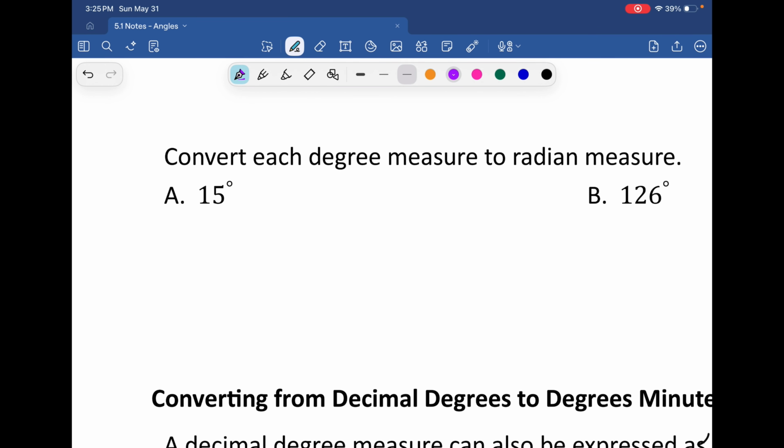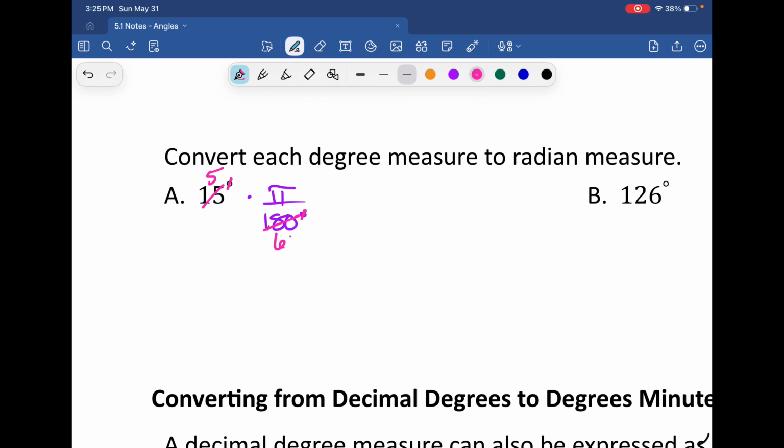Converting each degree back into radians, that's multiplication by pi over 180 degrees. So the degree symbol cancels. I know this reduces, 3, so that's 5.